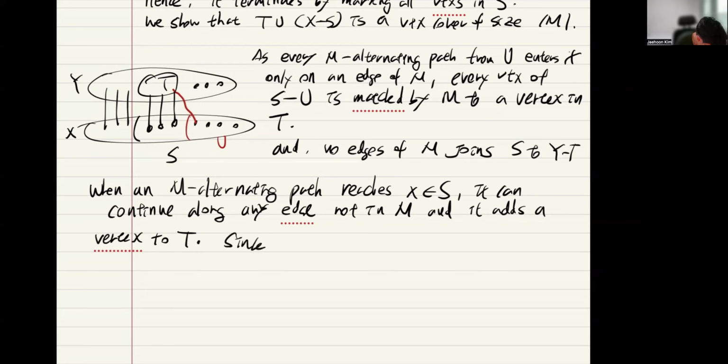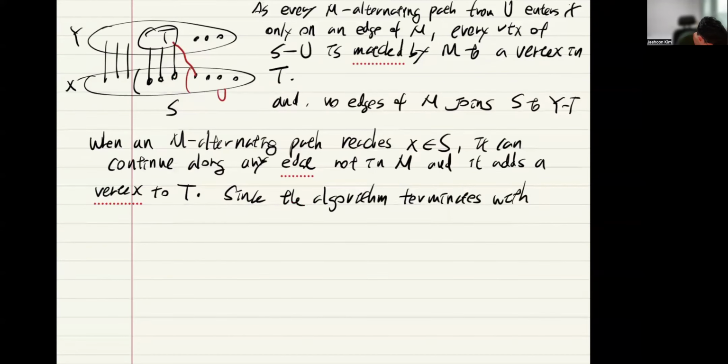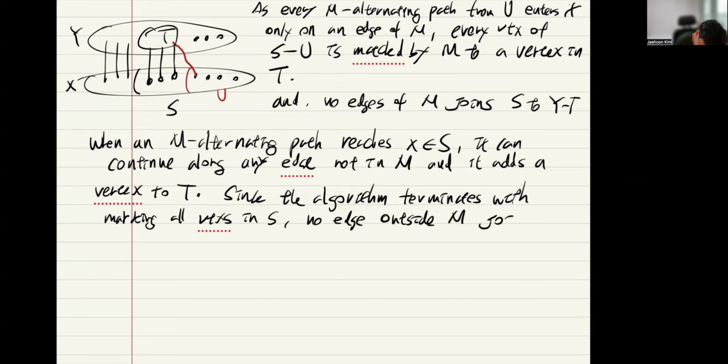But what do you know? Since the algorithm terminates with marking all the vertices in S, these are all marked, right?